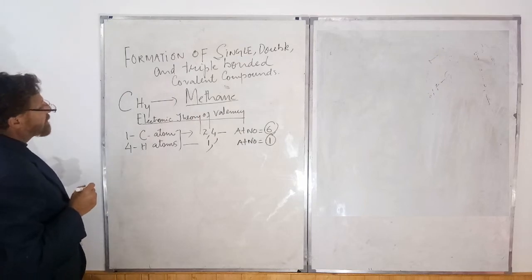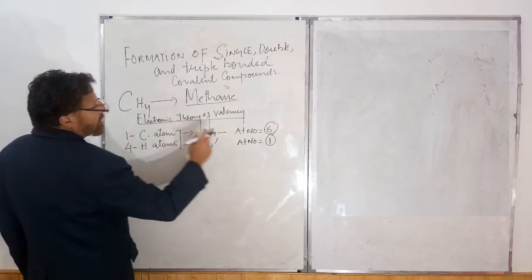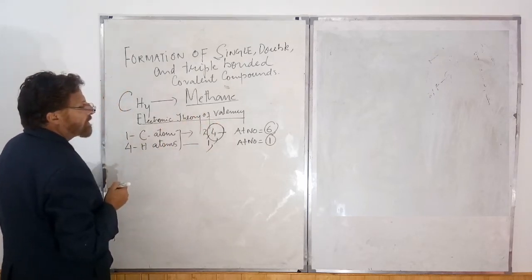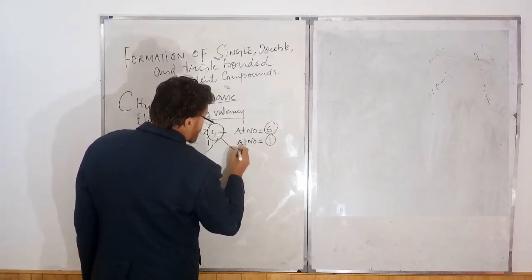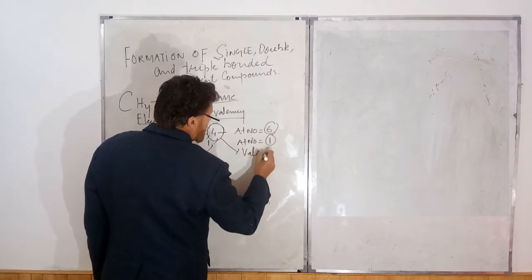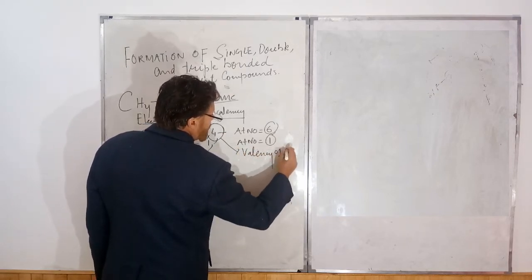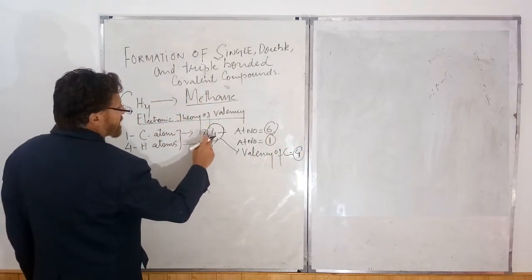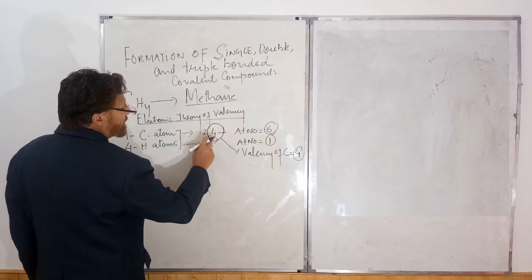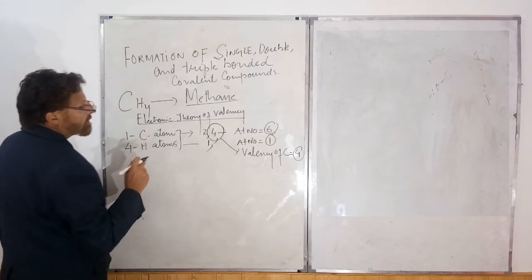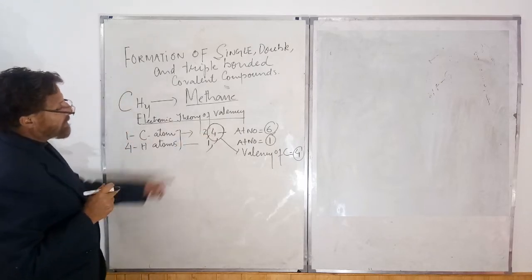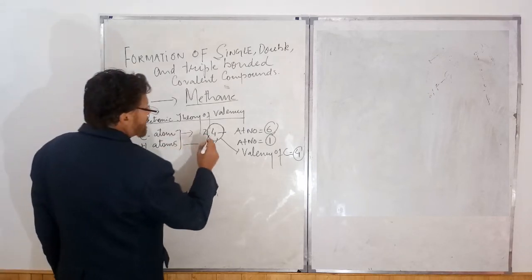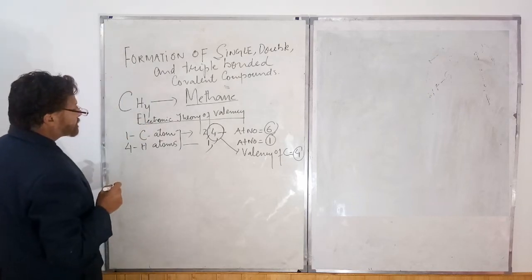Which means that carbon has 4 electrons in its valence shell, and this is also known as the valency of carbon. For stability it requires 4 more electrons to reach the nearest inert gas configuration.